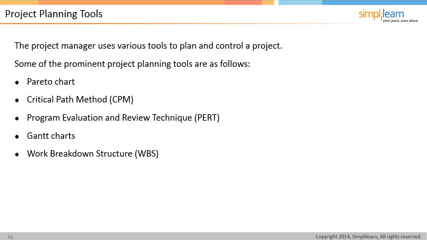Now, the project manager is going to be able to use some different tools. And these are going to help you understand the work as you move forward and plan accordingly. So we've talked a little bit about the Pareto chart, and we'll look at some examples so you understand that one better and how to use it. We'll talk about the critical path method, the program evaluation review technique. Maybe PERT is easier to say. That is a mouthful.